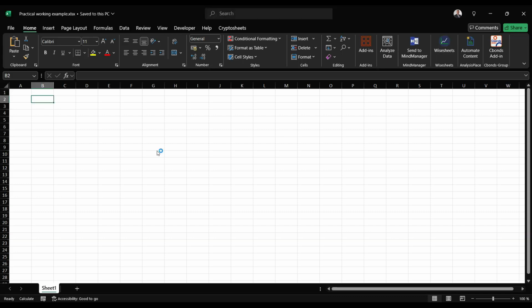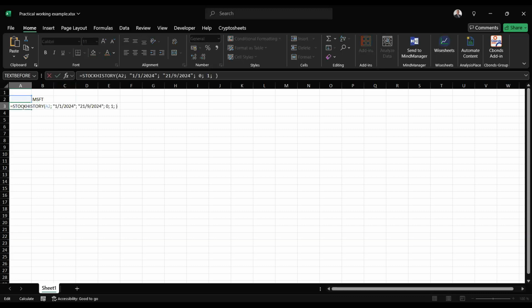So, for example, let us take Microsoft stock as an example. We have to enter the name or a ticker of the stock, and then we can put in the function the stock prices. For example, I have a predefined function here. You can see the function stock history.